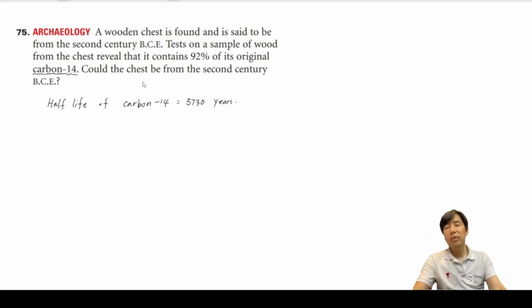Okay, if you know the half-life of carbon-14, you can calculate the rate of decay from this information. So how do you do that? You use this formula, A equals P e to the rt.